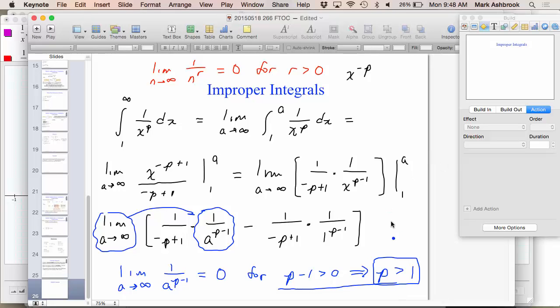So p greater than 1, we call that convergent. You get a finite amount of the quantity. If p is 1 or less than 1, then the integral is divergent, meaning the quantity just gets infinitely large.